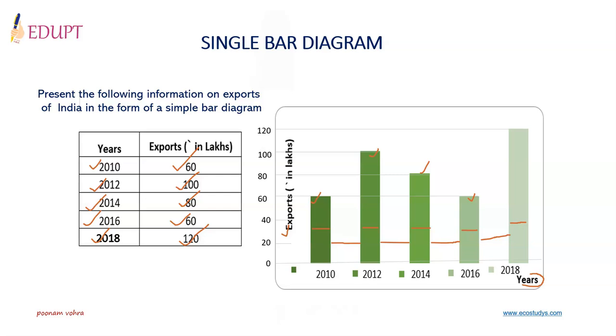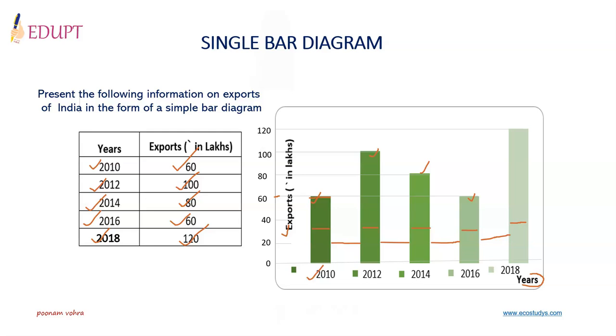You only have to coordinate the points, as we have taken 2010 on x-axis, coordinate it with 60 lakhs of rupees, which is here. So you can have a point here. Have the width of the bar arbitrarily and then follow the same width for each bar. So you make a bar. Next case is 2012 to be coordinated with 100 lakhs of exports.